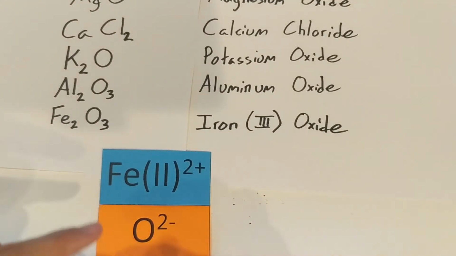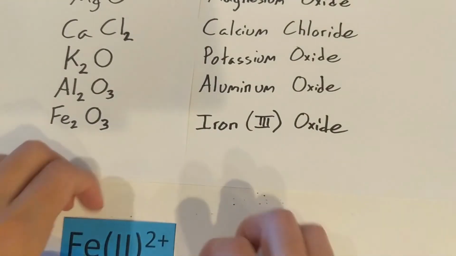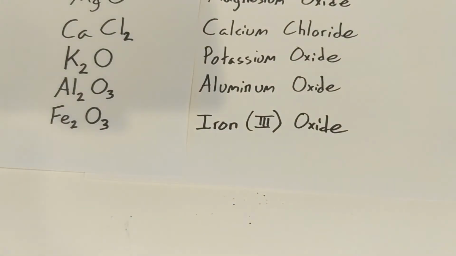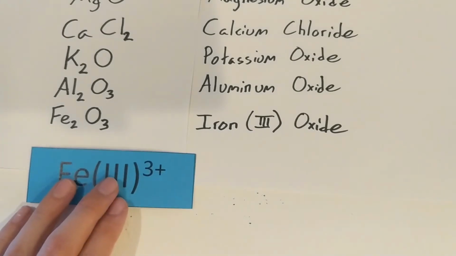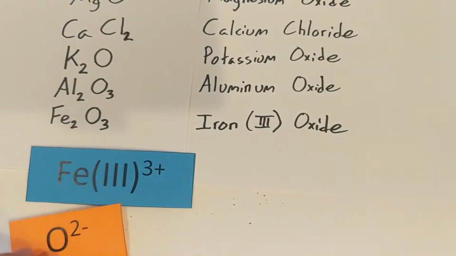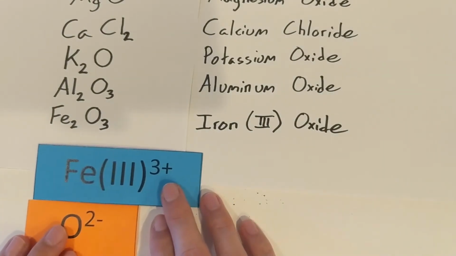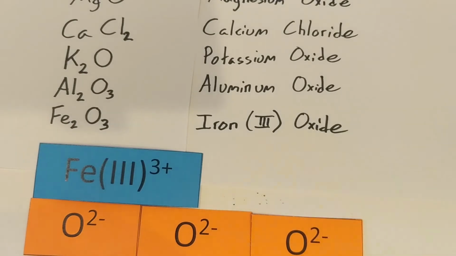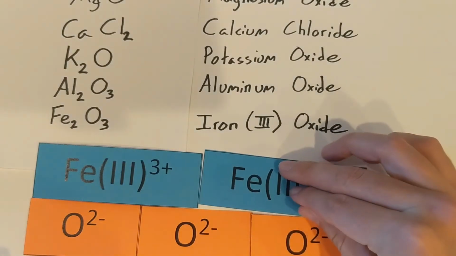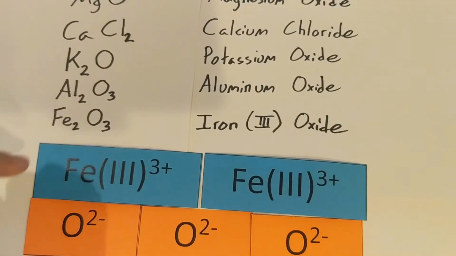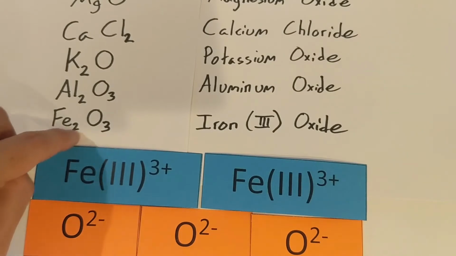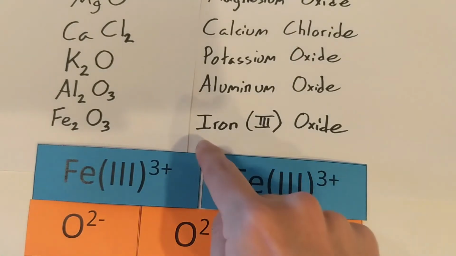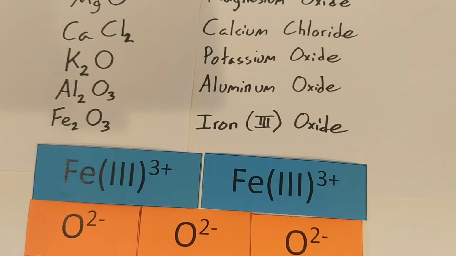It would balance out just like that. 1 iron, 1 oxide ion. But if you have iron 3, you would need those 3 oxide ions and 2 iron ions. So because it's iron 2 oxide 3, I know that I'm dealing with iron 3 right there.